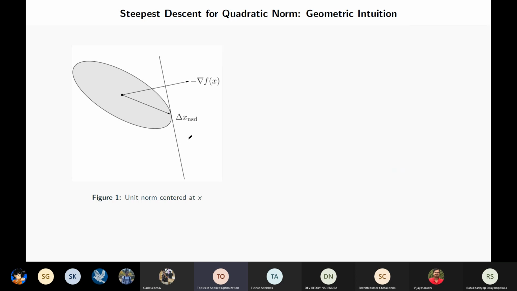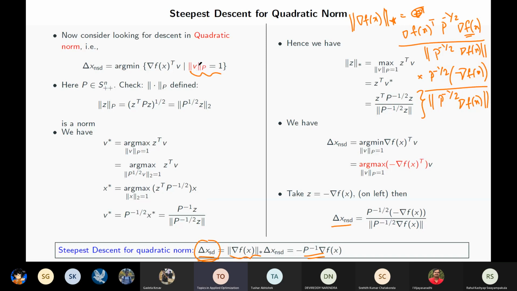Now what is happening here intuitively is the following. If you are taking a norm like this, what does this indicate? According to the definition here, I have (V transpose PV) to the half is equal to 1.